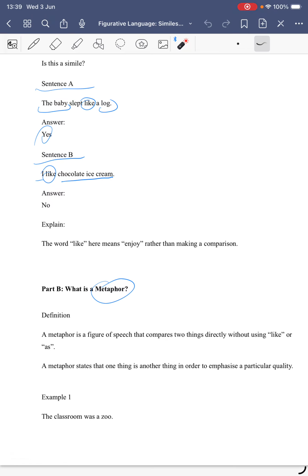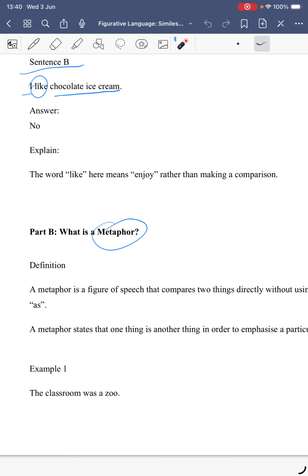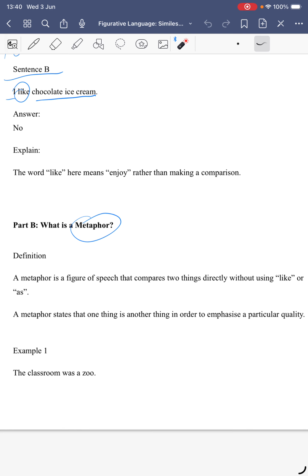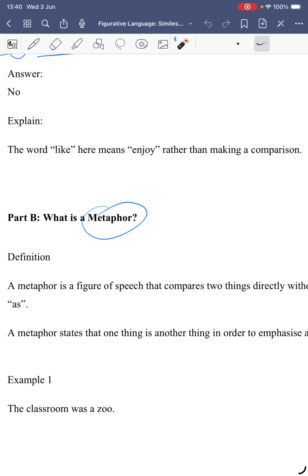If that's okay, we now move on to the second part, which is metaphor. A metaphor is a figure of speech that compares two things directly without using comparing words like "like" or "as".